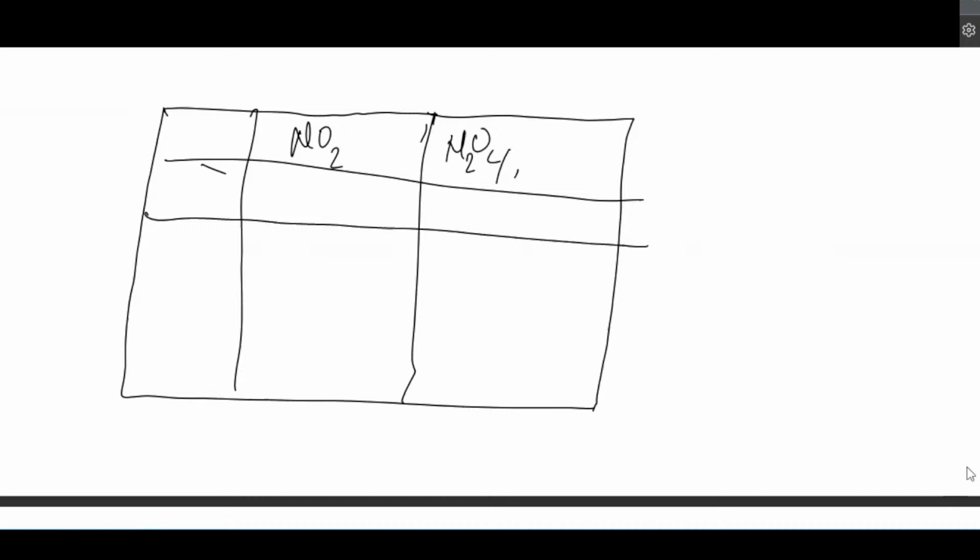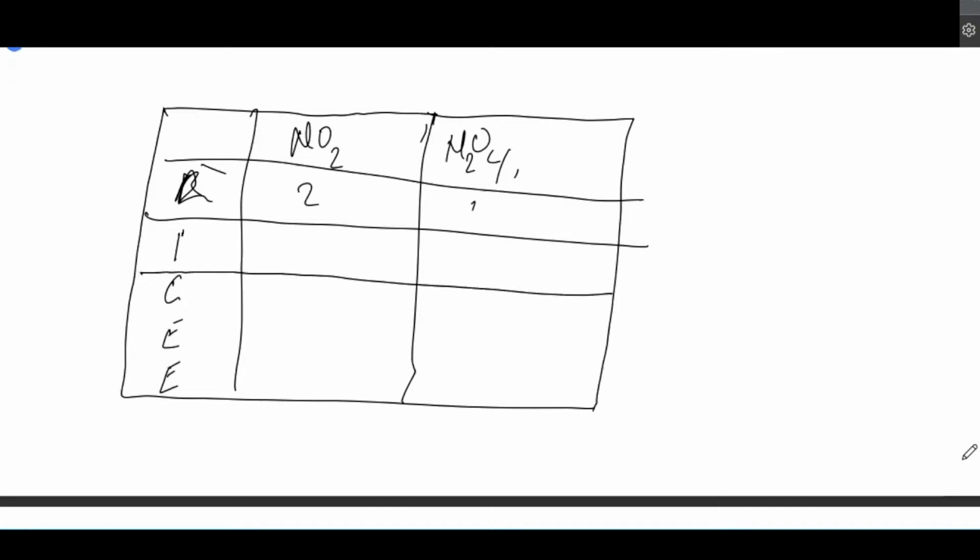Then I have rice, which is ratio 2:1. Then I have the ICE table, whereby here I have the initial.